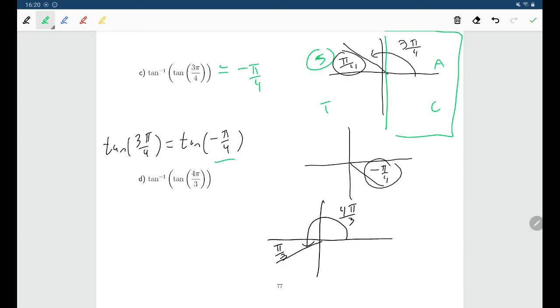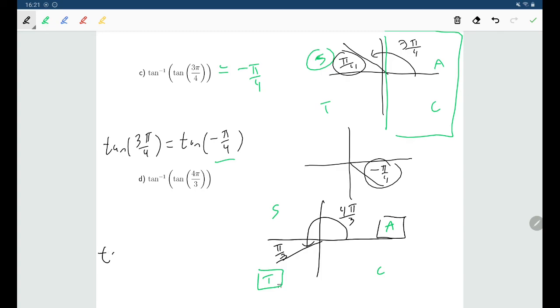And in that quadrant, again, we're thinking about, is tangent going to be positive or negative? Well, in that quadrant, tangent is positive. And if we're thinking about, well, what would be the equivalent angle in a quadrant where tangent is positive? Well, that would be in quadrant 1. And in quadrant 1, the angle would be pi over 3.